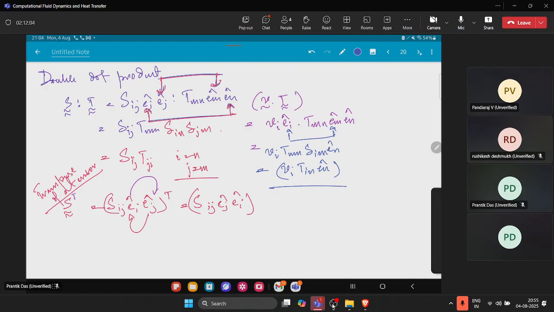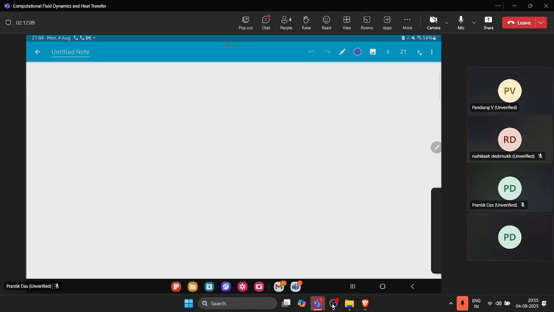And then there is another thing which is called the unit tensor. So I is basically equal to e_i cap e_i cap, which is called the unit tensor. So if I want you to find out, I want to find out this I double dot gradient of v, the double dot of the unit tensor with the gradient of it. Okay.